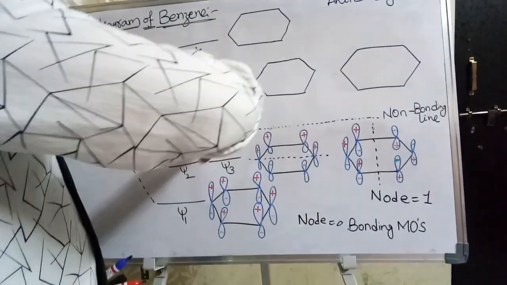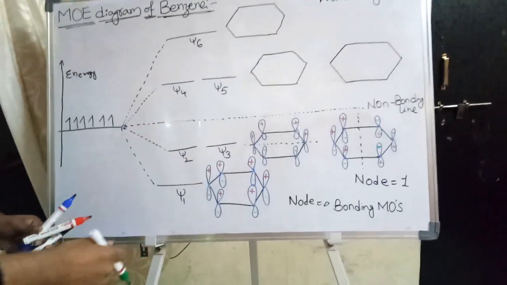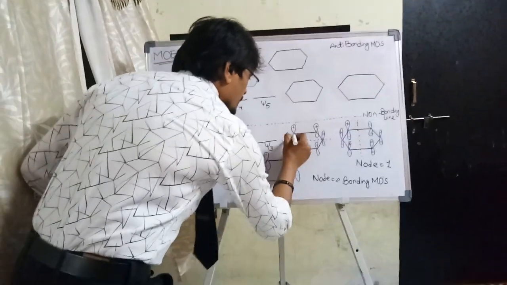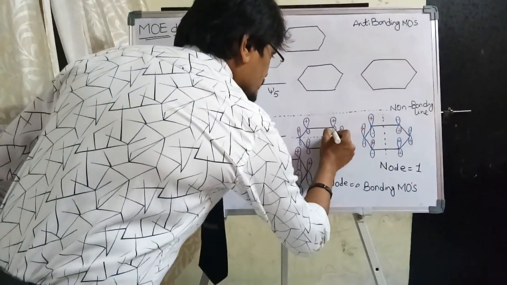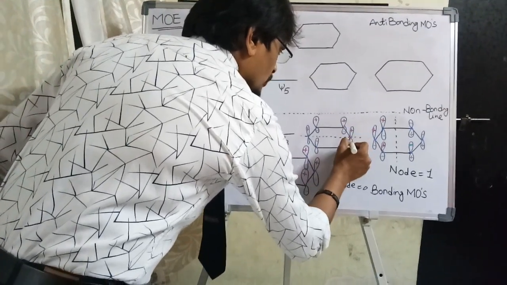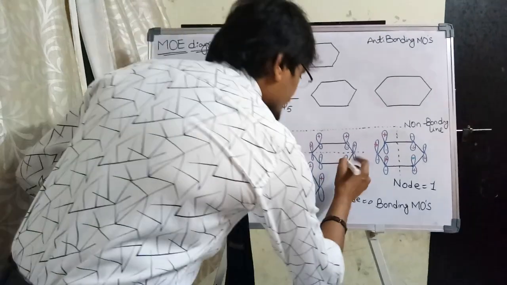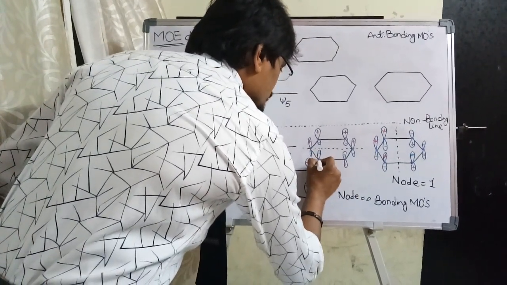Right. Now we have placed the sign. We have projected the sign of the upper lobes. Now we have to project the sign of the lower lobes. Since the upper lobe is positive, the lower lobe is negative. Since the upper lobe is negative, the lower lobe is positive.